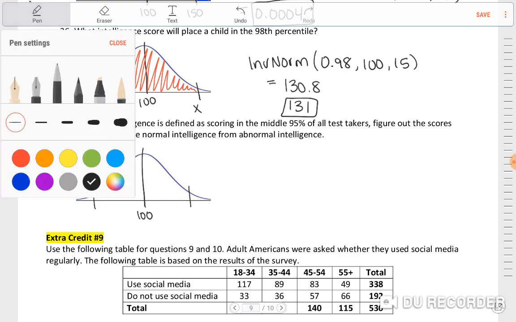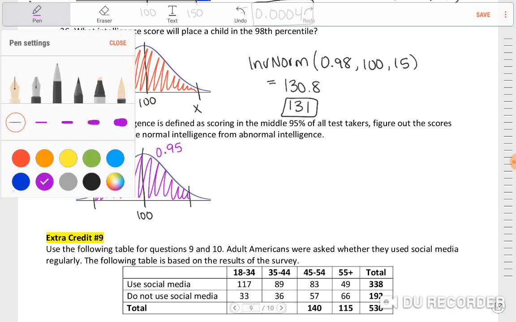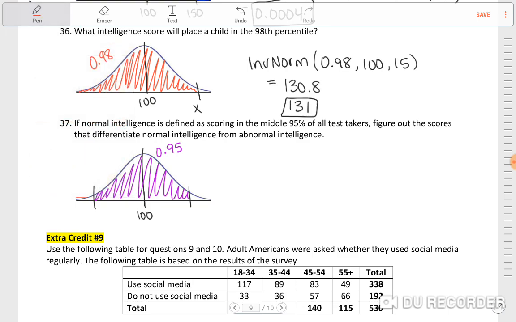So all of this area here in the middle is 0.95. That means that my area to the left and to the right have to add up to 5%. And half of 5% is 2.5%. In other words, this is 0.025. This one over here is also 0.025, but we really don't need that number, but I will go ahead and put it here.